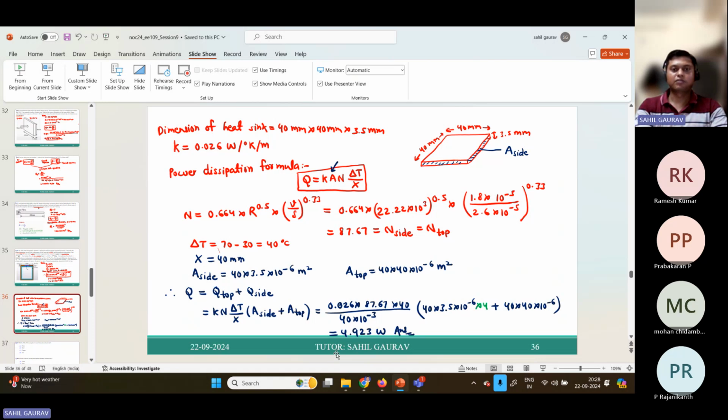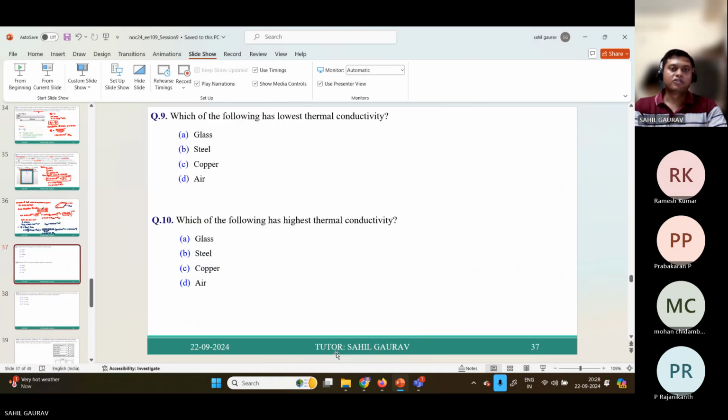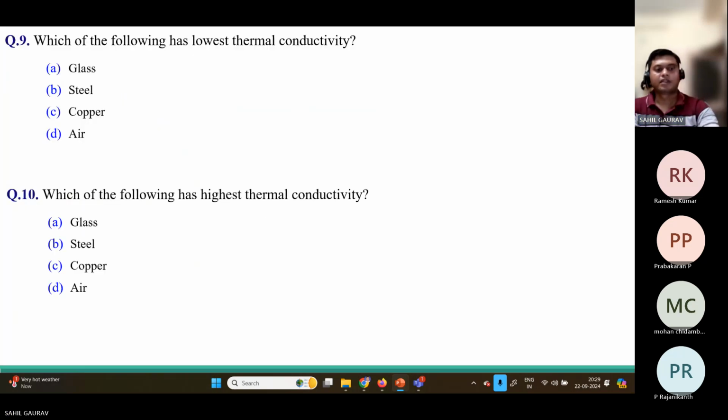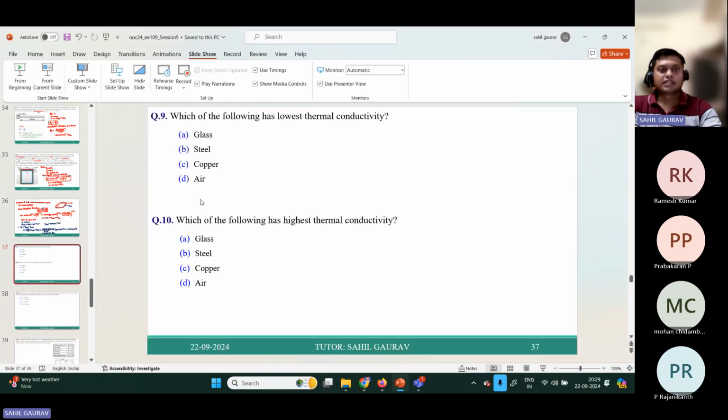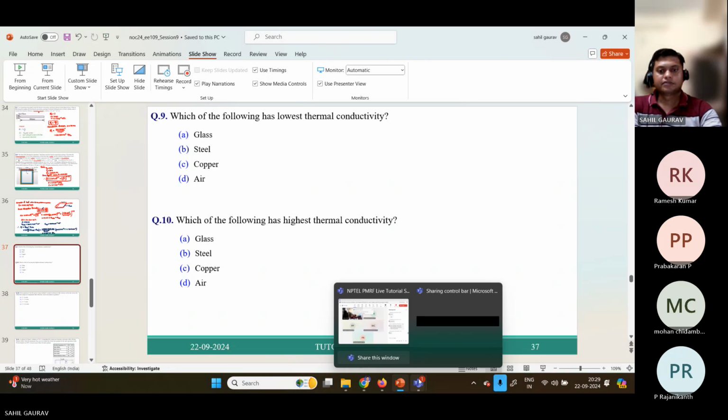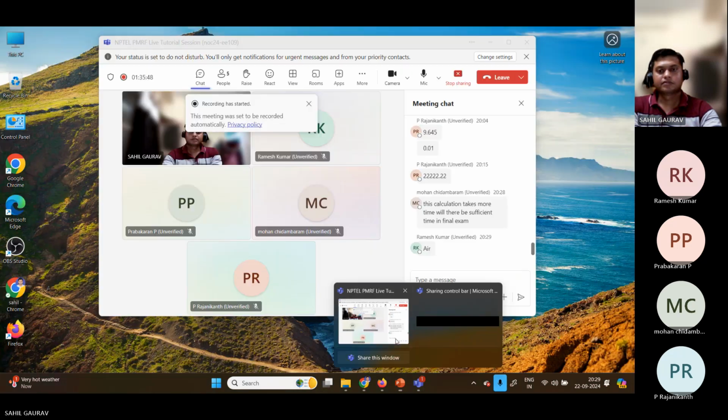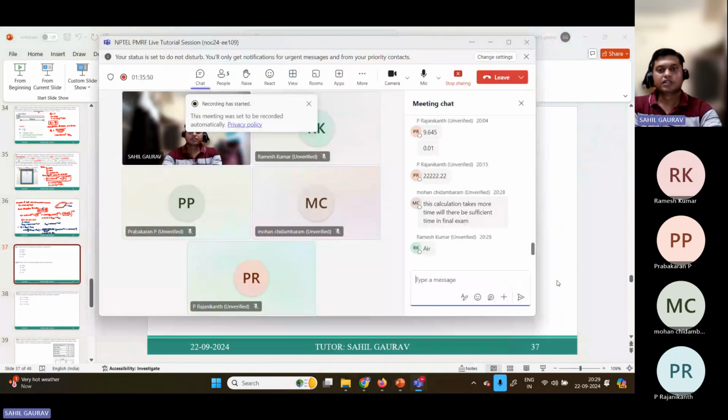Now coming to the next problem. Which of the following has the lowest thermal conductivity? Among these 4, you have to find the lowest. Problem 9: glass, steel, copper, air. Yes, Ramesh, very good.